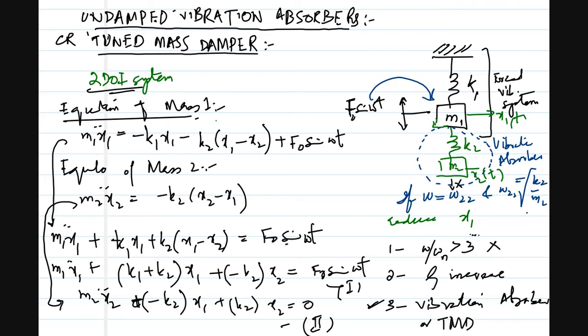So as I told you, let x1 equal some capital X1 sine omega t, where capital X1 is an amplitude. Before that we wrote it as A1, so if you write A1 or X1, it doesn't make any difference. x2 is capital X2 sine omega t.